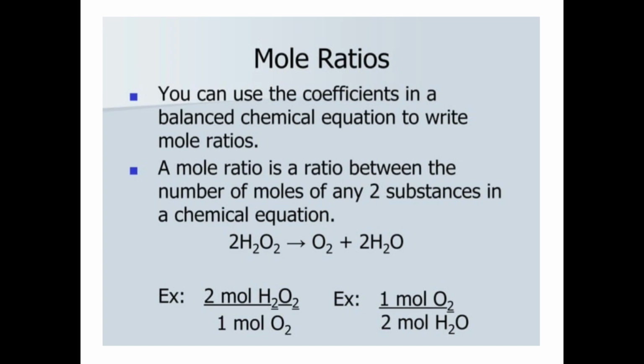So the relationship that exists between them is that 2 moles of hydrogen peroxide produce 1 mole of oxygen and 2 moles of water. Or we can say the products of this reaction are oxygen and water in ratio 1 to 2. So this is how we can use coefficients to write the mole ratios.